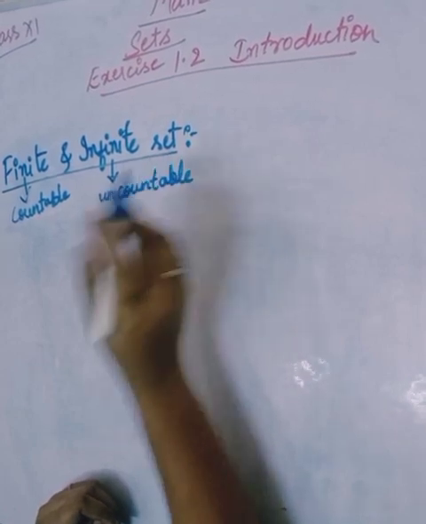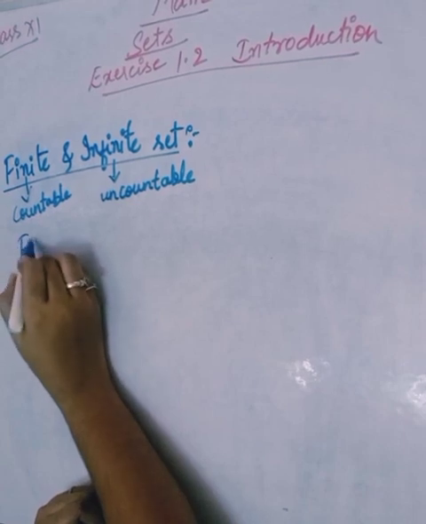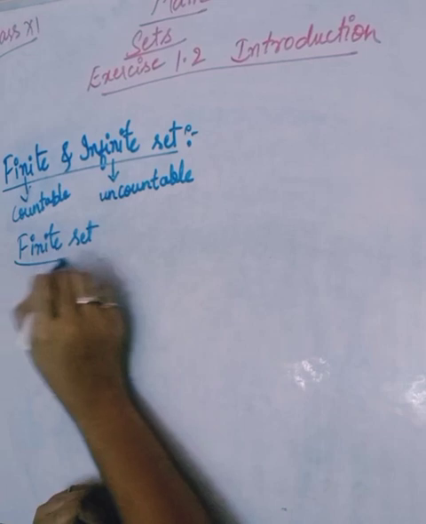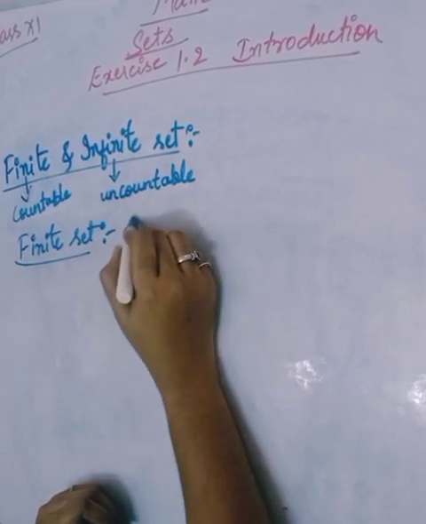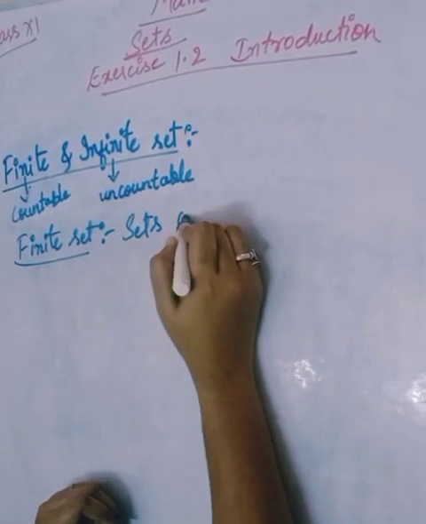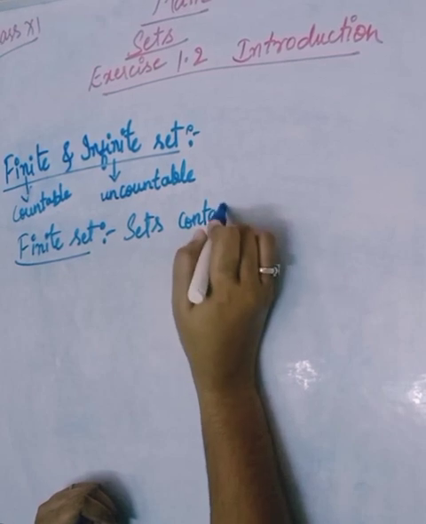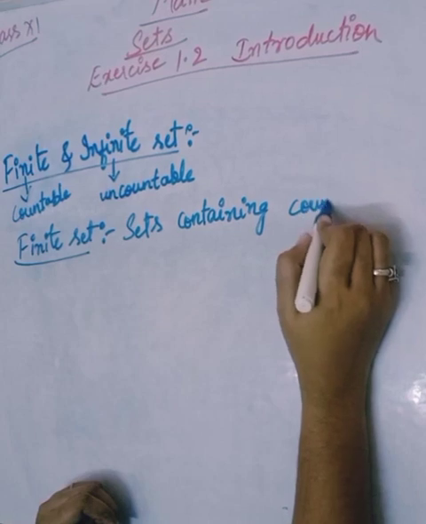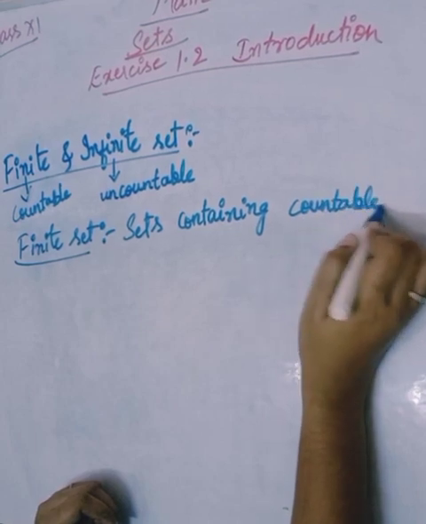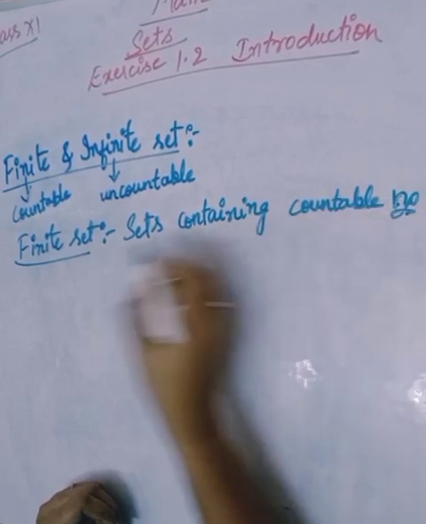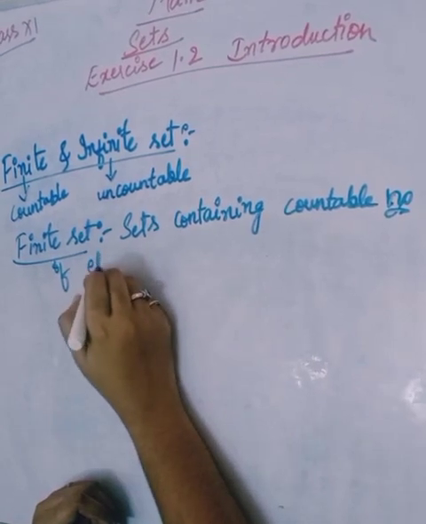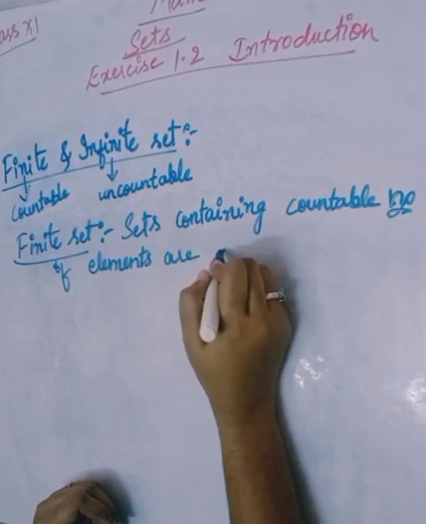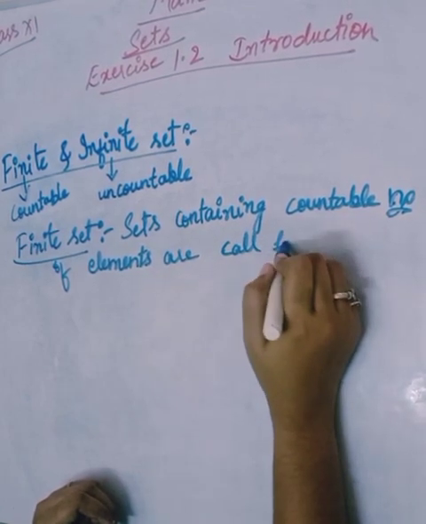The exact definition we need in a mathematical way: a finite set is a set containing a countable number of elements, and it is called a finite set.